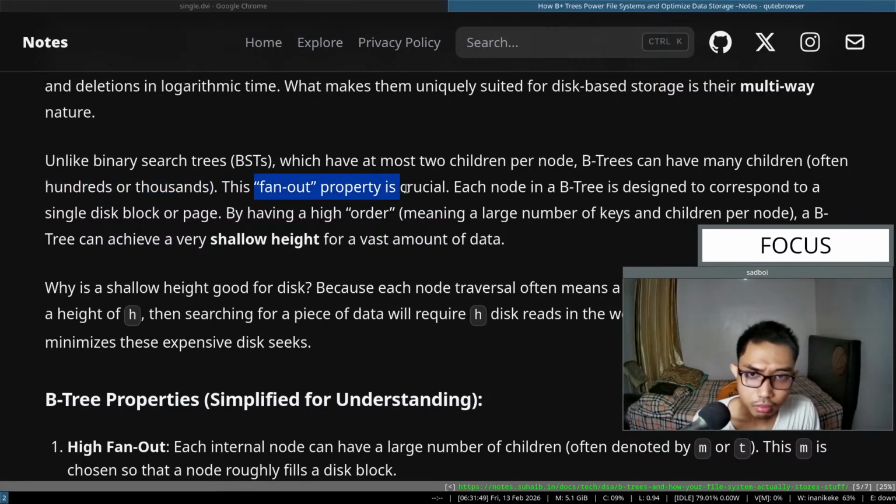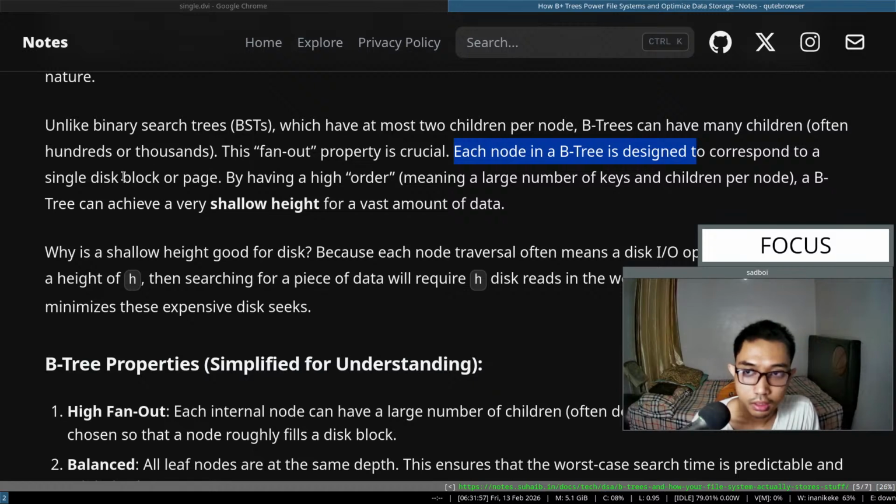This fan-out property is crucial. Each node in a B-tree is designed to correspond to a single disk block or page.